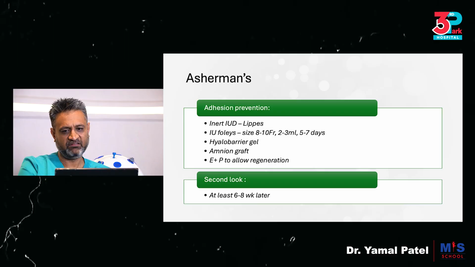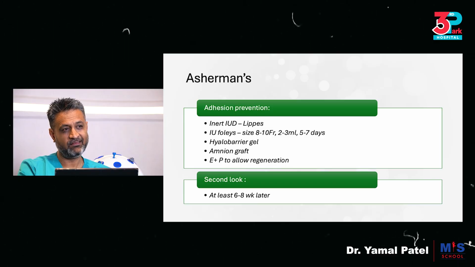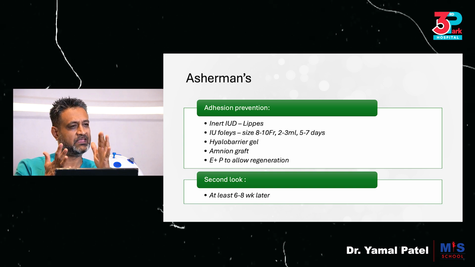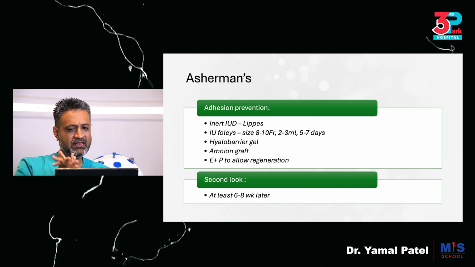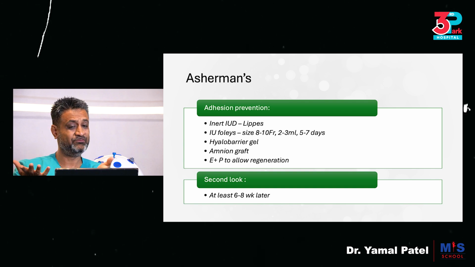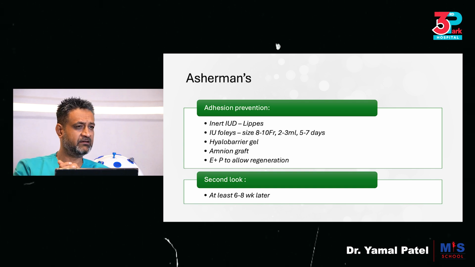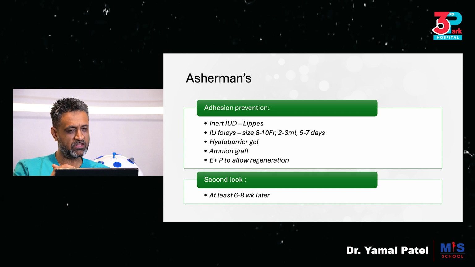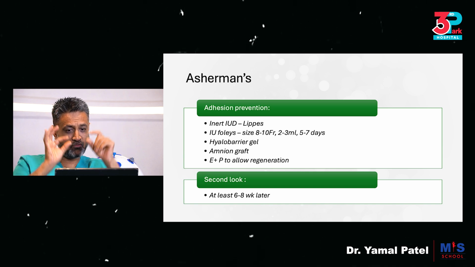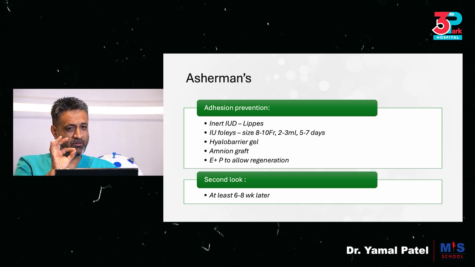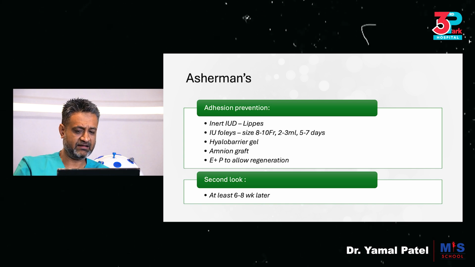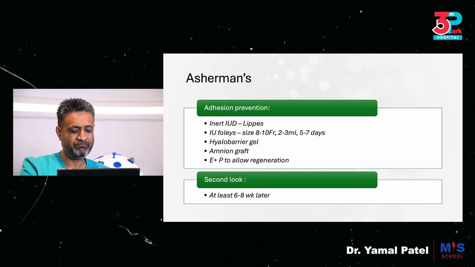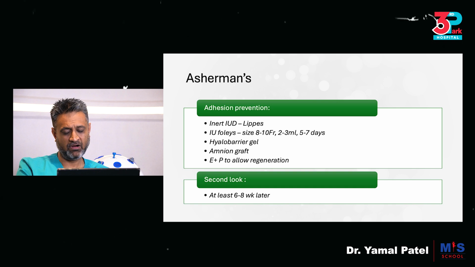So one of them is maybe an IUD, but not the regular copper T, because copper causes inflammation and would actually attract more adhesions again. So if you have the LIPIs, which nowadays I know we don't have, it's an inert IUD, or you can use the copper T, but you remove the copper and just put in the silastic base. If you put that, then maybe it might work, but you don't leave it with the copper.